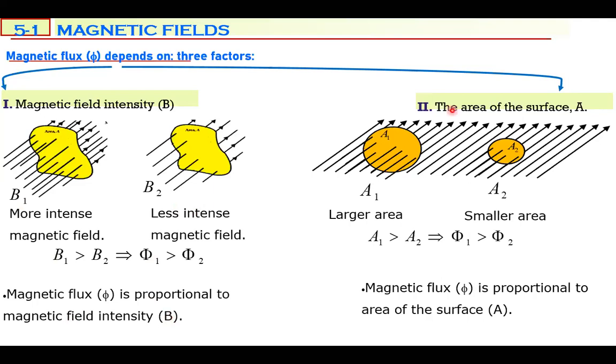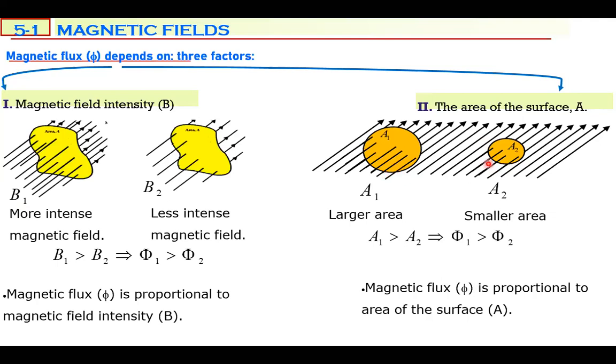Second one is the area of the surface, and I choose here equal magnetic field intensity. So here and here, the separation between the lines is equal, which means I chose equal magnetic field intensity for both areas. But one area is larger than the other one. So A1 is larger than A2. That's why the magnetic field lines crossing A1 are greater than those crossing A2.